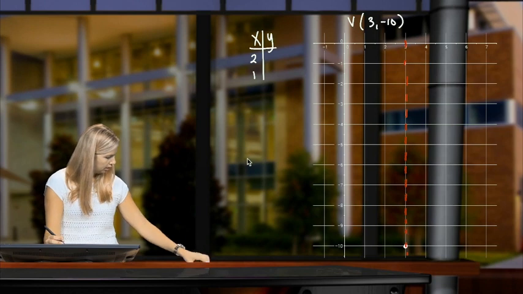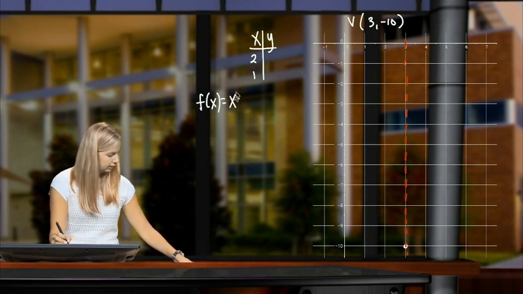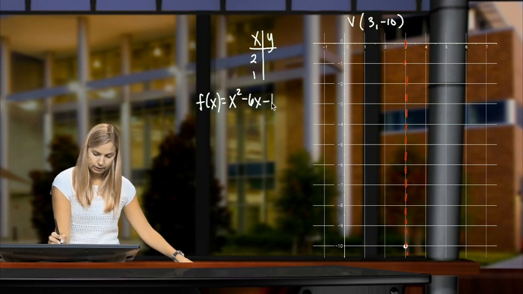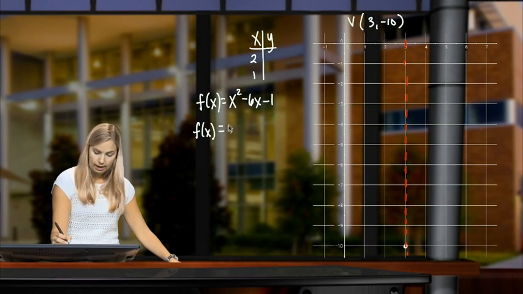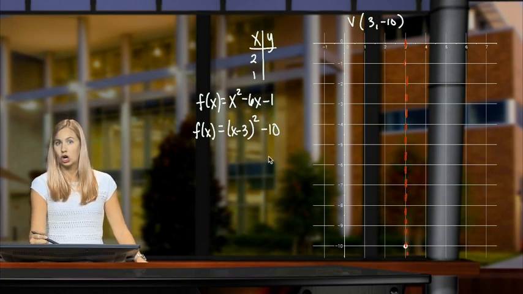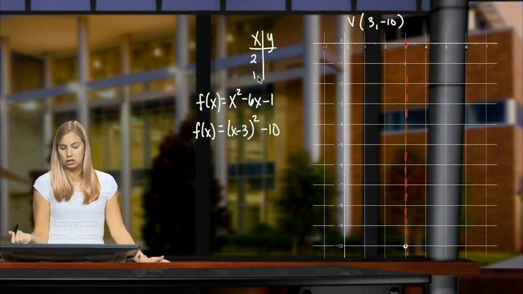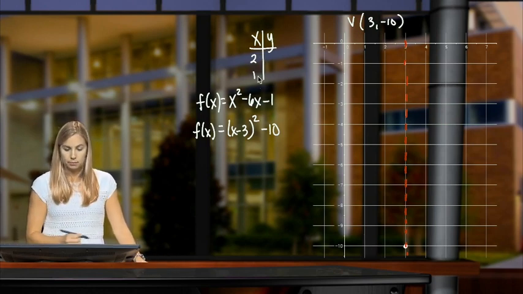We had f of x equals x squared minus 6x minus 1. Or in our vertex form, we had x minus 3 squared minus 10. Since these functions are exactly the same, they're just in different forms, it doesn't matter what we plug 2 and 1 into. We can use whichever one we like the best.